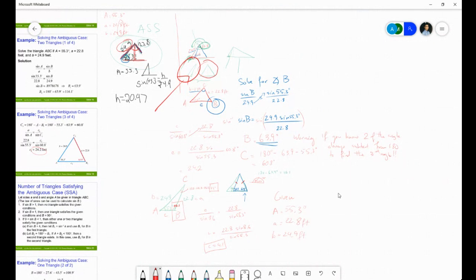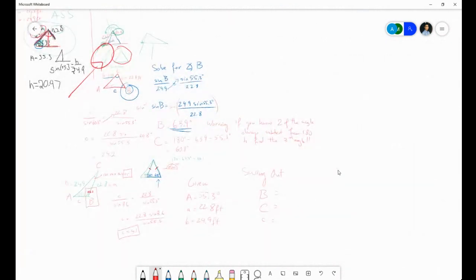All right. So the first triangle, the one that's swinging outward, we solved that one, and let's find out what our unknowns are. We need to know angle B and angle C, and side c. And we also need to know if it swings inside. Then we're going to use the terminology B prime, C prime, and c lowercase prime, just to distinguish the difference between the two of them.